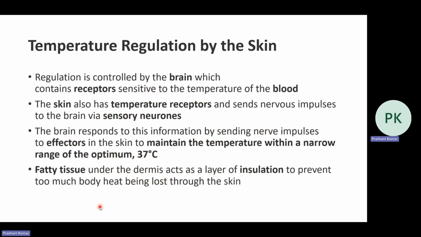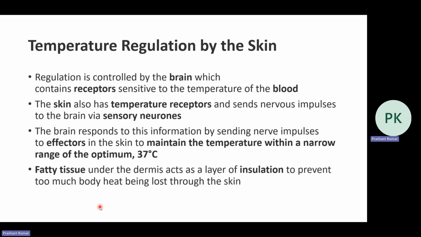So how is temperature being regulated by the skin? Temperature is controlled by the brain, and it contains some kind of receptor which is sensitive to the change in the temperature of the blood actually. The skin also has a temperature receptor and sends nervous impulses to the brain via sensory neurons.